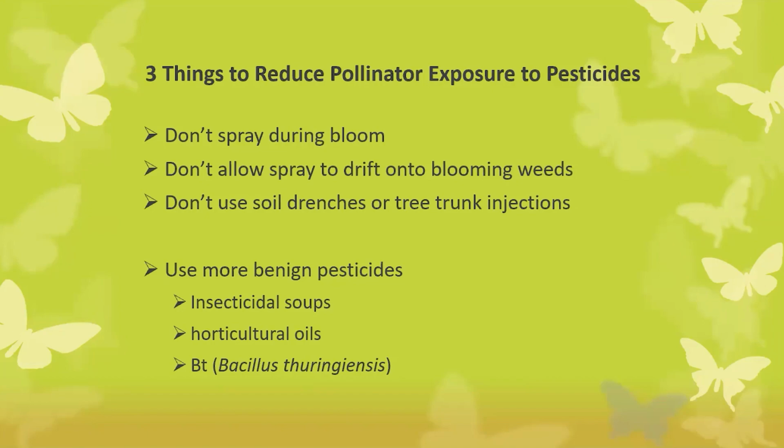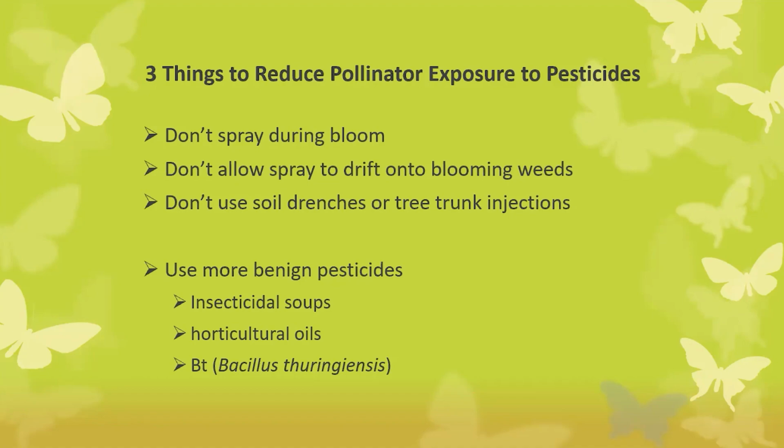And if you use pesticides, here are 3 things that will help reduce pollinator exposure. Simply don't spray during bloom. Don't allow spray to drift onto blooming weeds. Drift is wind or air currents carrying what you spray into adjacent areas.